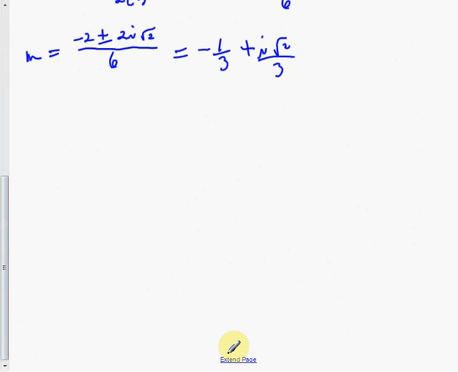We'll just pull out two things that we need from there. We just need alpha and beta. So alpha is negative 1/3, and beta is the square root of 2 over 3. So we can write the answer.